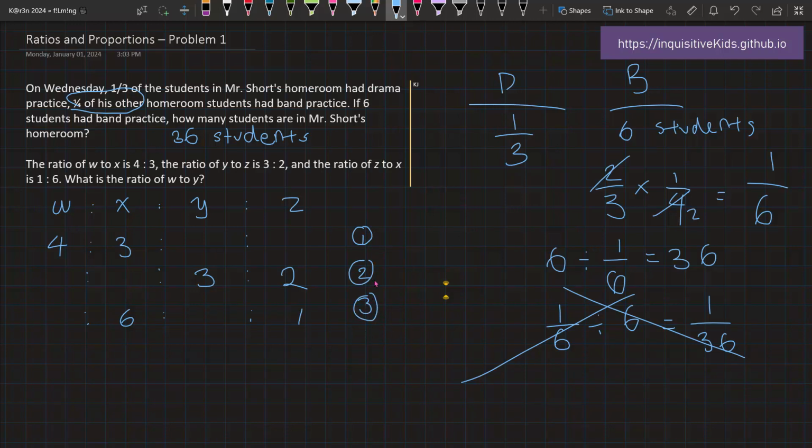Let's start by comparing these two ratios, 2 and 3. We know that from 2 to 1 we had to divide by 2. So we know we have to divide 3 by 2 to get 1.5. And we don't know this one just yet. But now let's compare the ratios 1 and 3. We know that from 3, where X is, we had to multiply by 2 to get here.